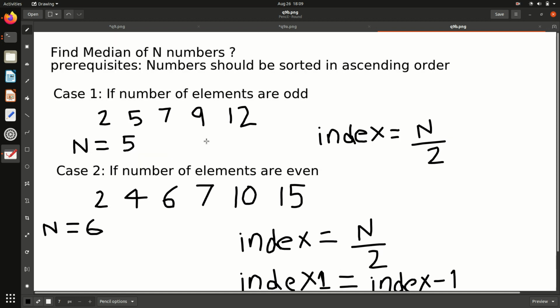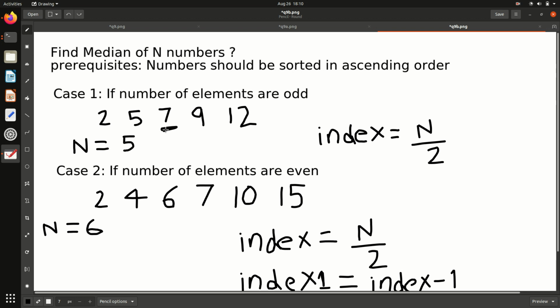At first let me tell you, median is just the middle term, in simple words. So if the number of elements is odd, these are the numbers I have taken: 2, 5, 7, 9, 12. Can you tell me which is the middle number? Obviously, this is the middle number, 7.